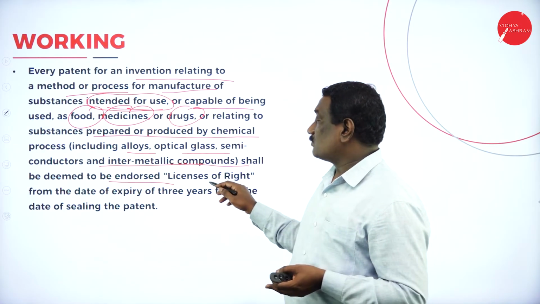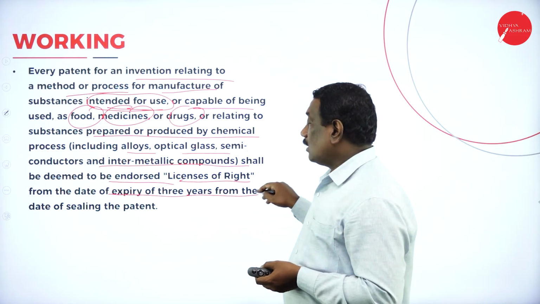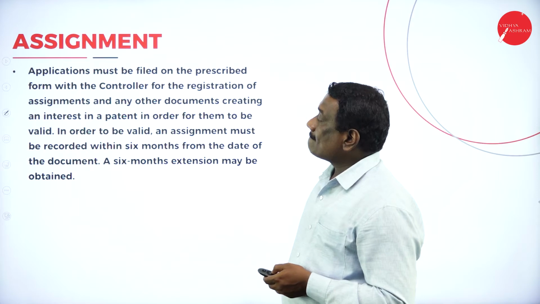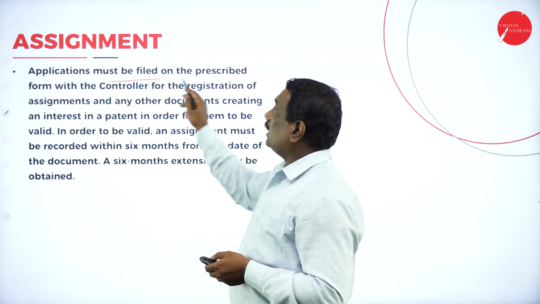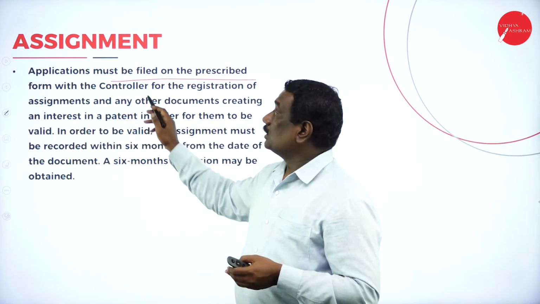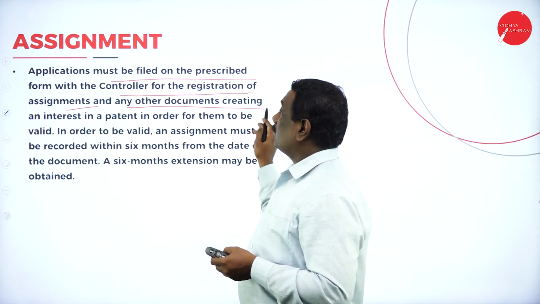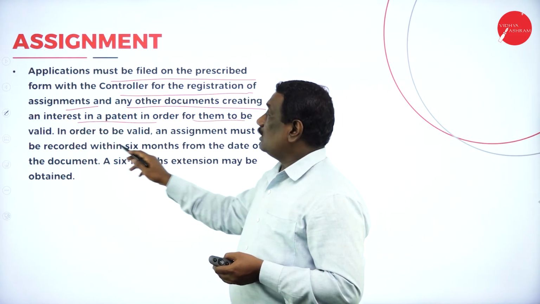That means it can be transferred, as a license of right, from the date of expiry of 3 years from the date of sealing of the patent. And here comes the assignment. Assignment means the application must be filed on the prescribed form with the controller for the registration of assignments and any other documents creating an interest in the patent, in order for them to be valid.